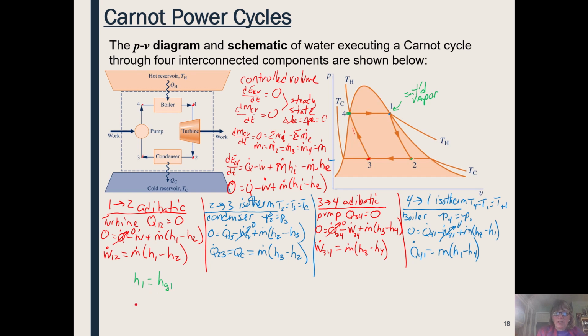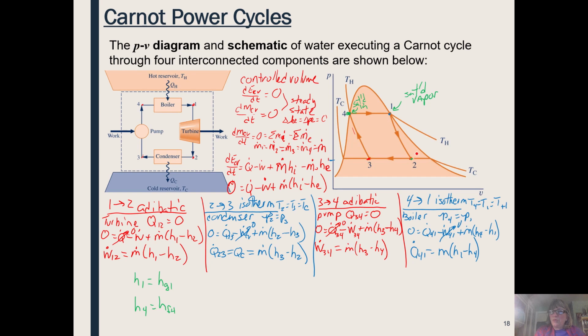If we look at state 4, that's also right here, and that is a saturated liquid right there. So that is equal to h_f4, and that is going to be at a particular pressure or temperature. They can give you one of those, and we'll know what that value will be.